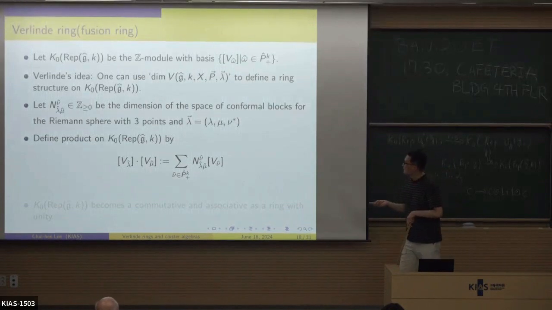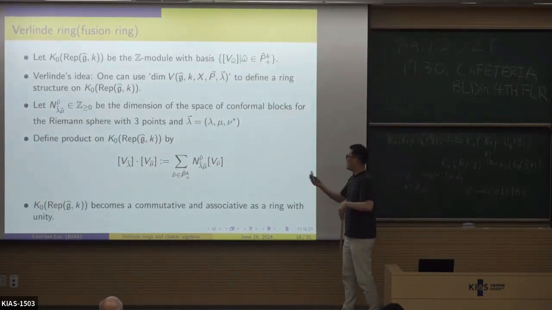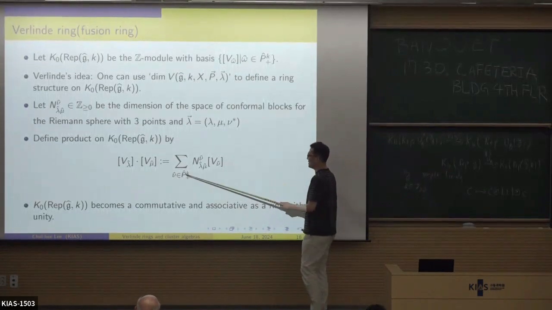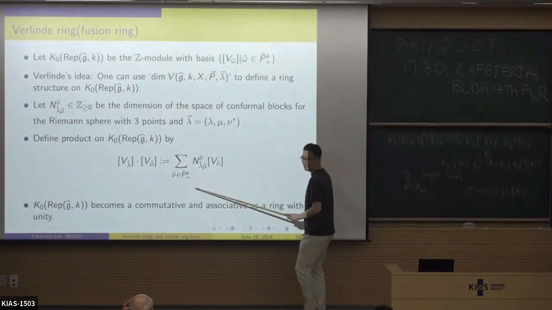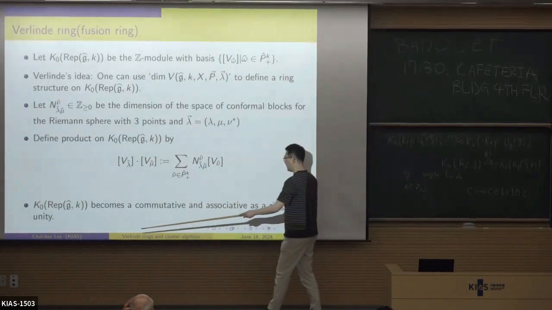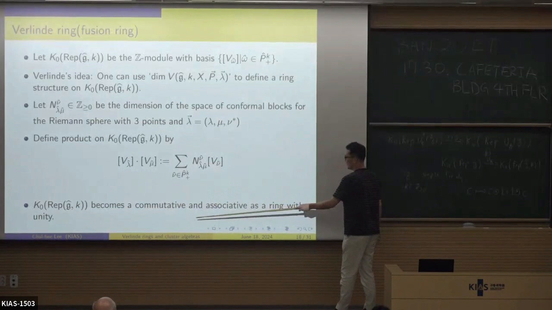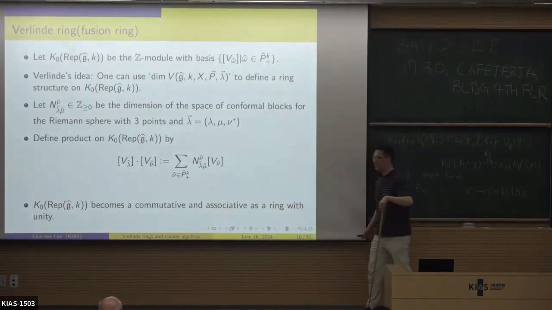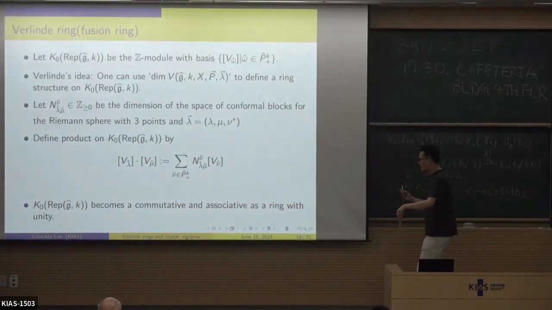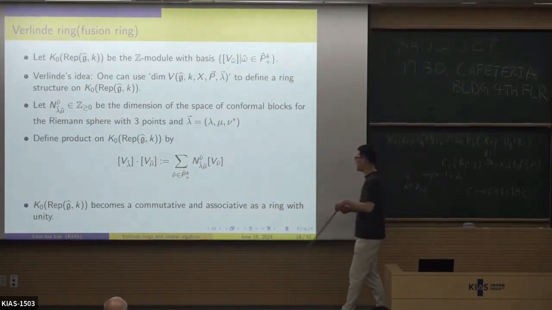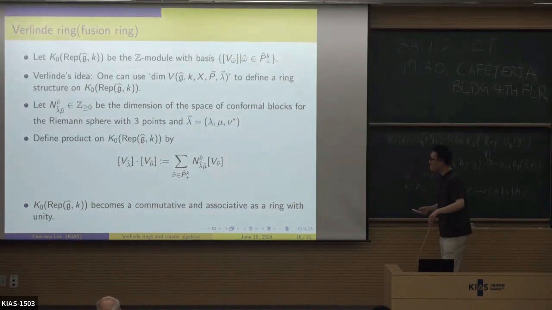Okay, so one very non-trivial consequence when we define the product in this way is that this ring has the structure of a commutative and associative ring.